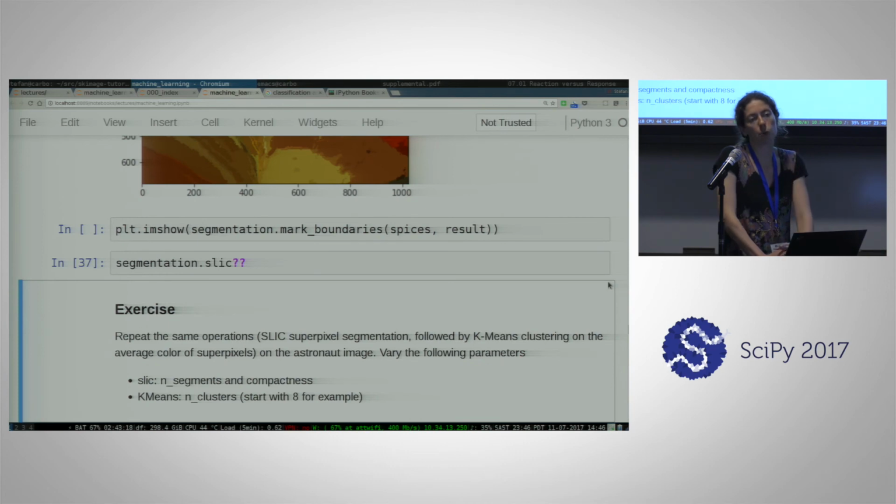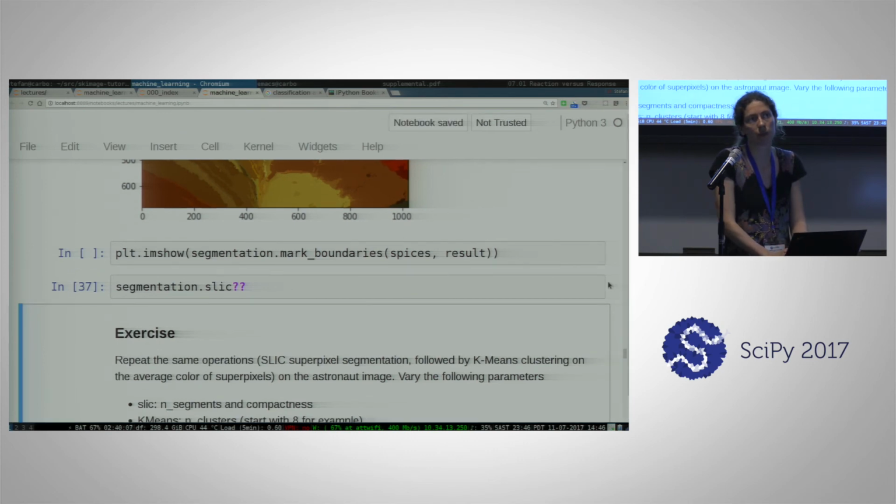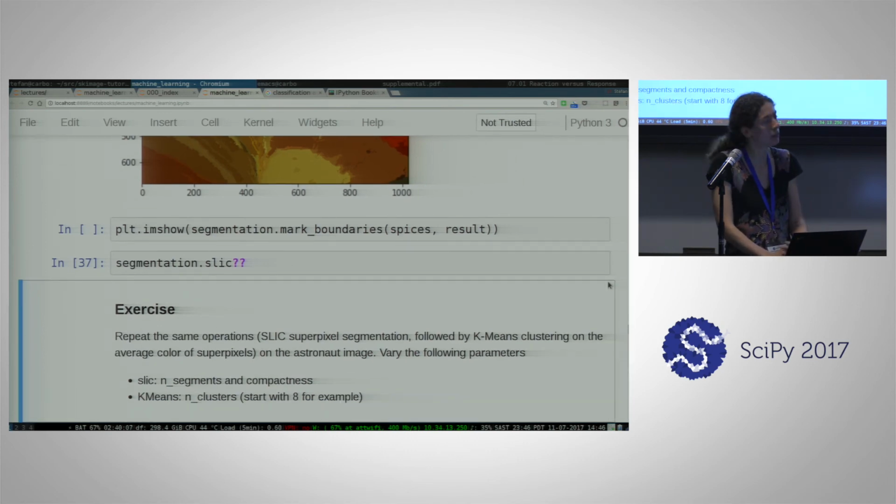However, it will depend on the typical size of objects. If you have a high resolution image with a lot of pixels per object, you don't need as many patches compared to the case where you have a lot of very small objects.